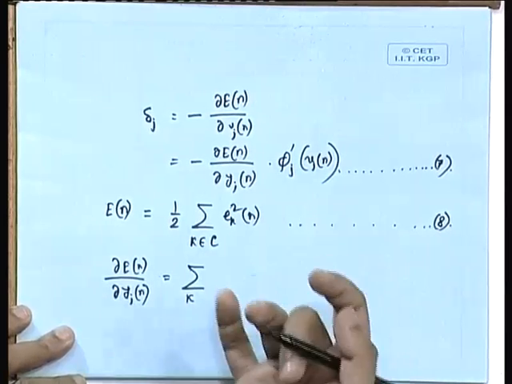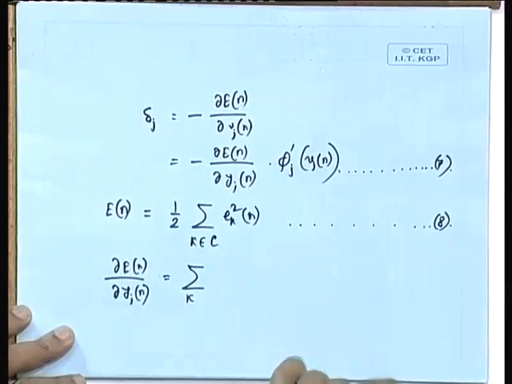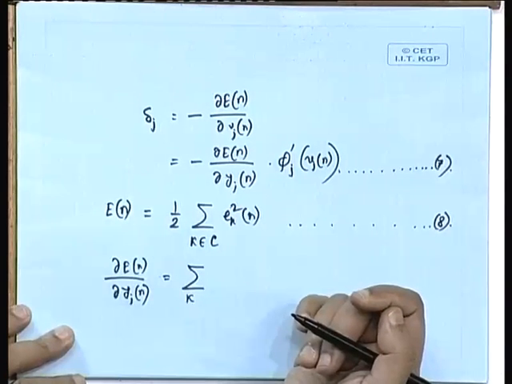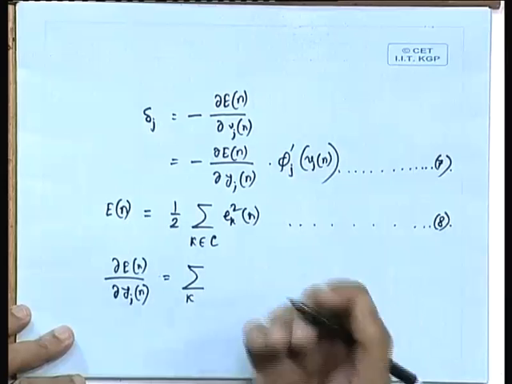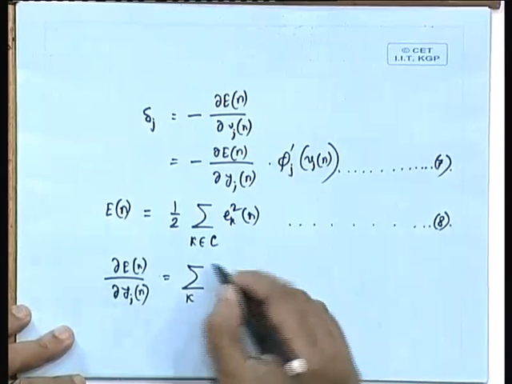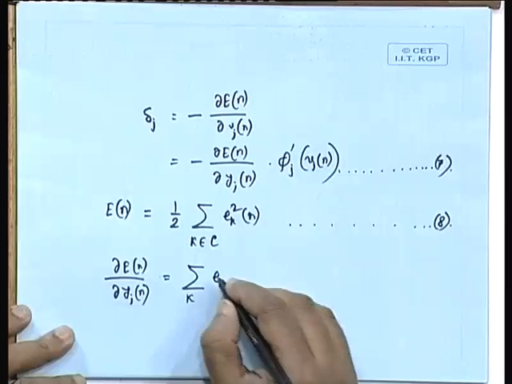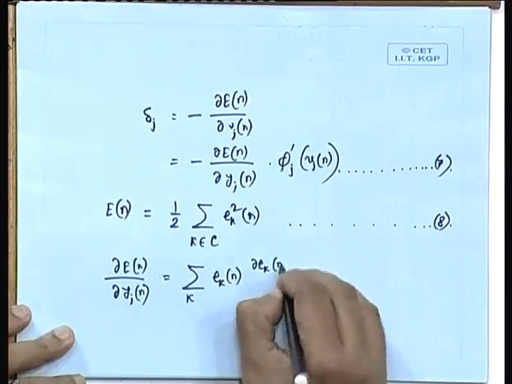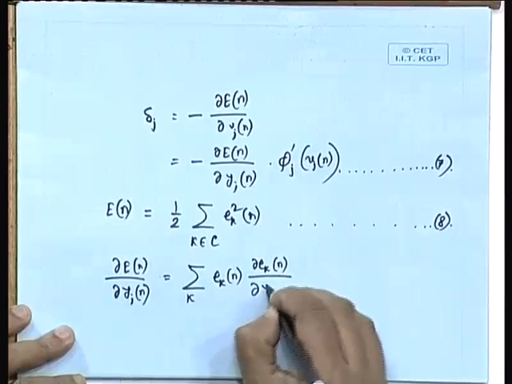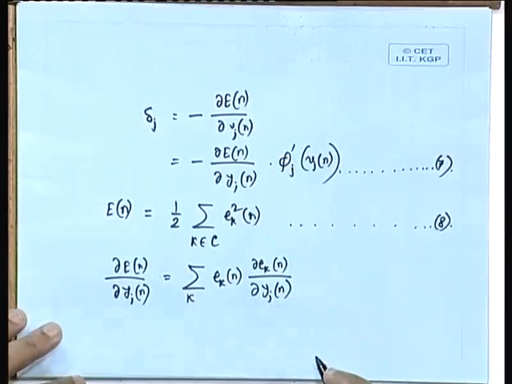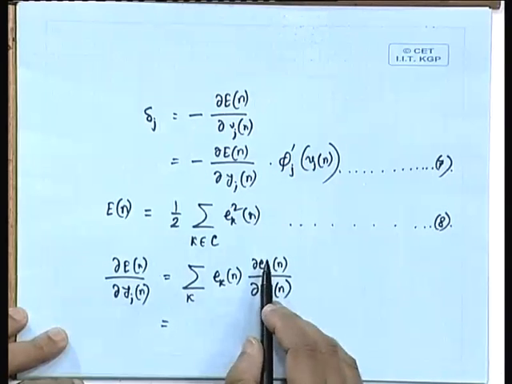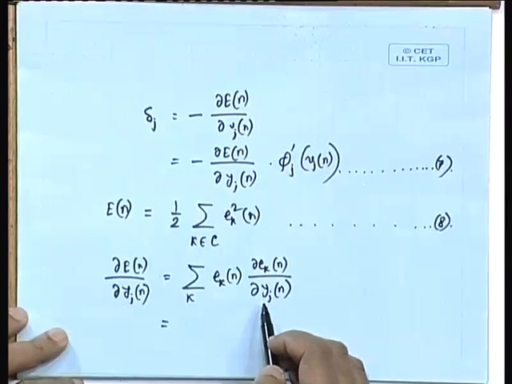Taking any one Ek would give you Ek multiplied by dou Ek by dou Yj. We are summing it up over all the neurons in the output layer. So, this is summation over Ek of n dou Ek of n by dou Yj of n. Is that correct?